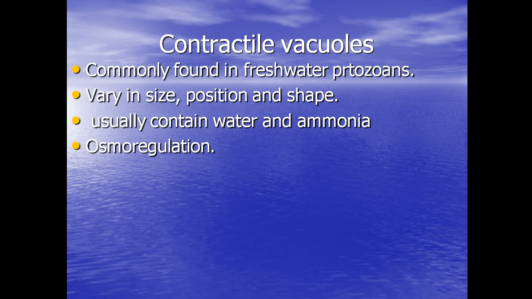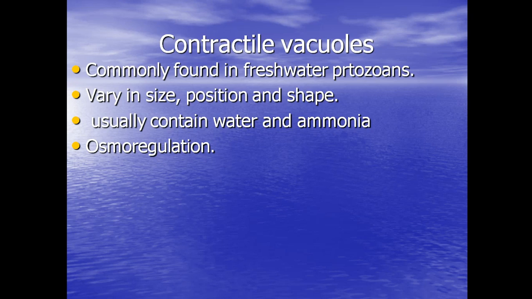What is this osmoregulation? Maintenance of a constant internal environment. These freshwater protozoans have a problem of osmoregulation which is totally different from marine organisms. In freshwater, what happens? The concentration of the body fluid is more compared to the surrounding water.